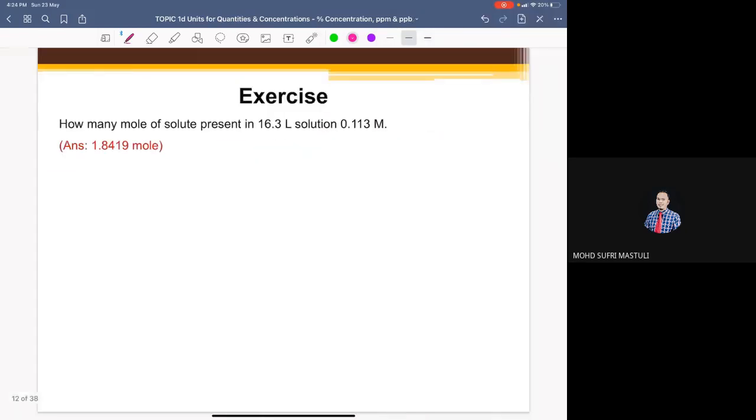Okay, also this exercise you should try: how many moles of solute. So it's asking you how many moles of solute are present in 16.3 liter of solution containing 0.113 molarity, and molarity is mole per liter.